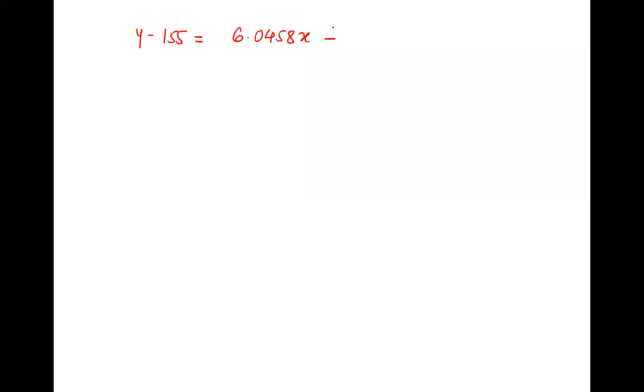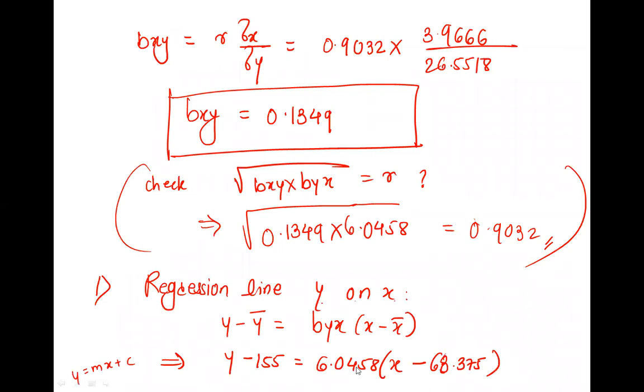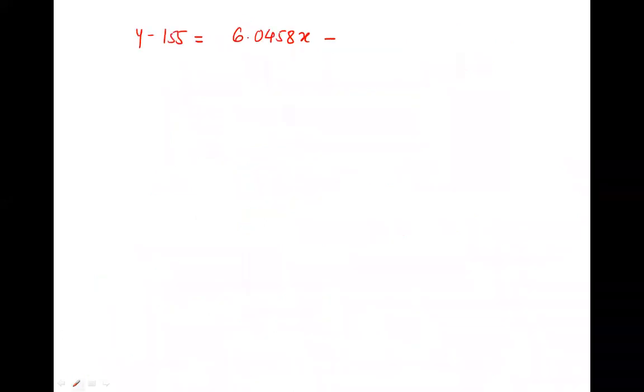6.0458x minus this two multiplied. What is this multiplication? 6.0458 into 68.375, tell me. 413.38. Correct. So y is equal to, we want y alone, so we shift it there.